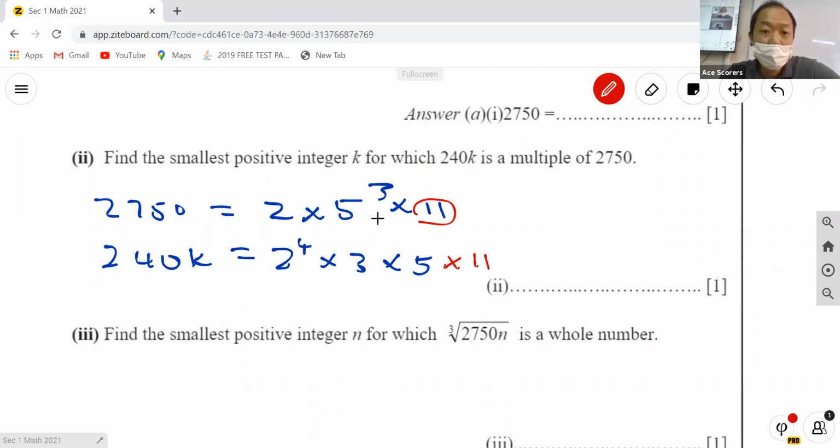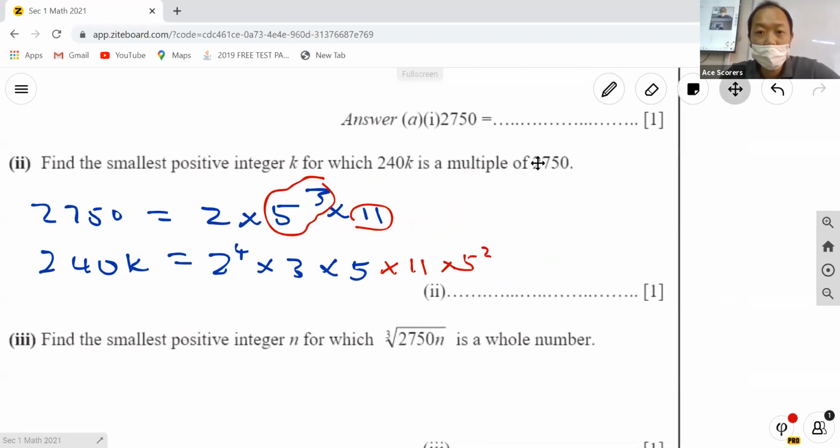Okay, what else? This is 5 cubed, but this is only 5. So I need to multiply by an additional 5 squared. I don't need a 3. So the 3 here is fine. There's already a 2, so it's fine. Okay, so K is basically those in red.